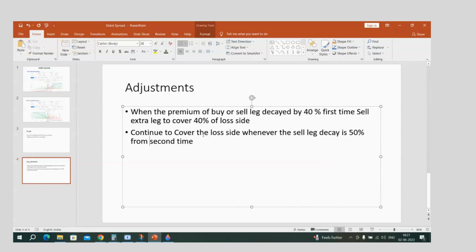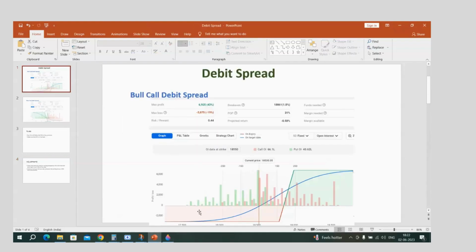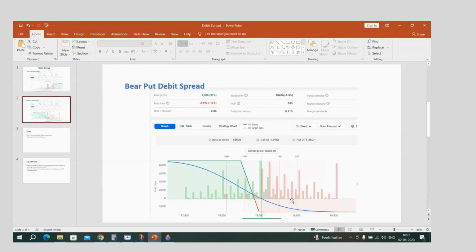From the second time onwards, whenever there is a decay of 50% in the sell leg, we are going to increase the sell leg premium to cover the remaining 50% of the loss side. So the loss side is this, from the down to the up here. You will understand more in the back testing.